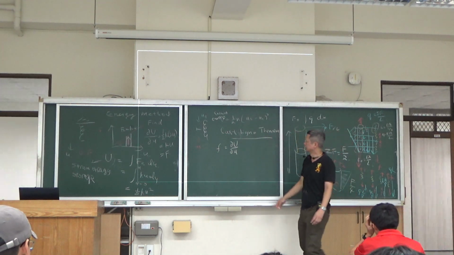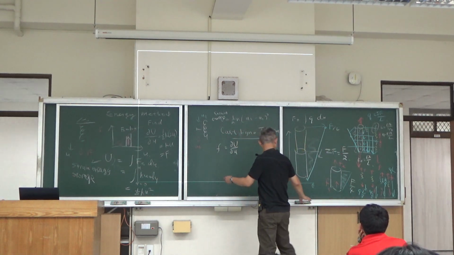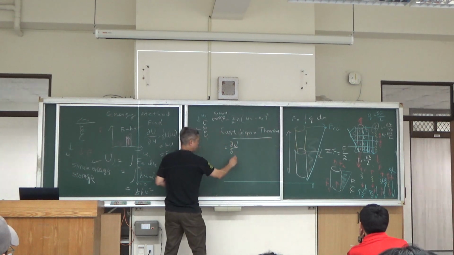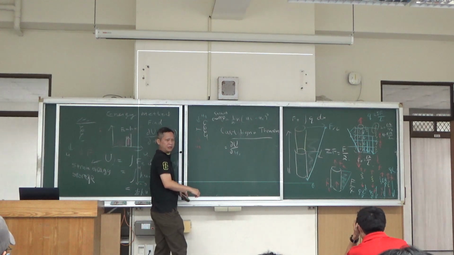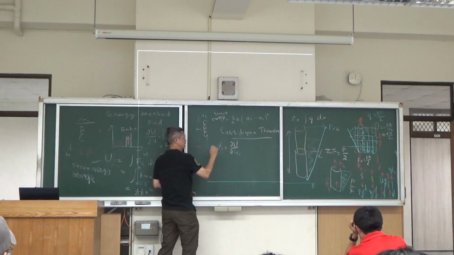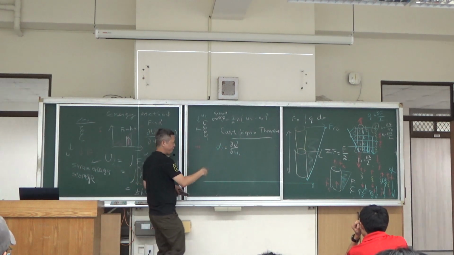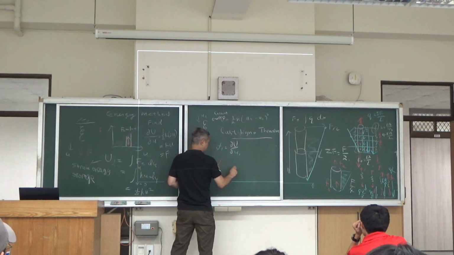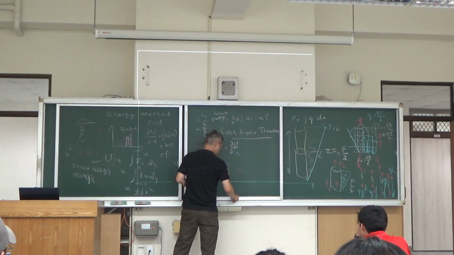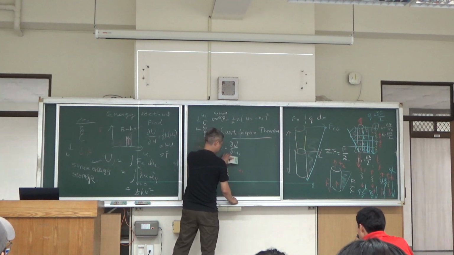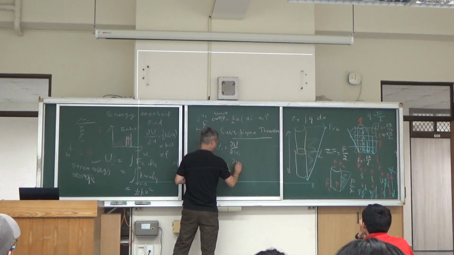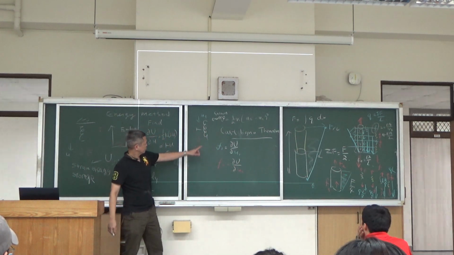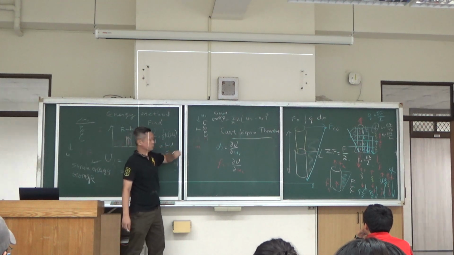In this case, if you differentiate with respect to U1, you're going to get F1. If you differentiate it with respect to U2, then you're going to get force F2.